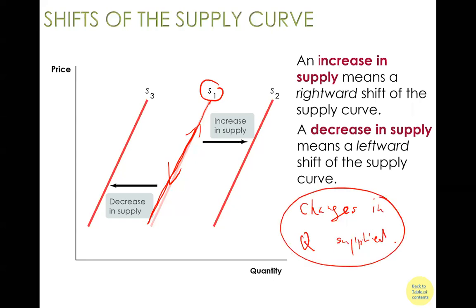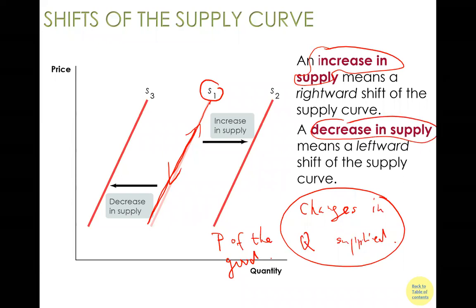It is caused by changes in the price of the good, nothing else. But what causes changes in supply, either increasing or decreasing supply? That's what we are going to discuss in the following slides.